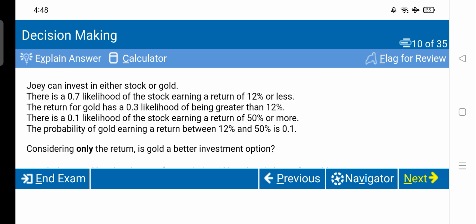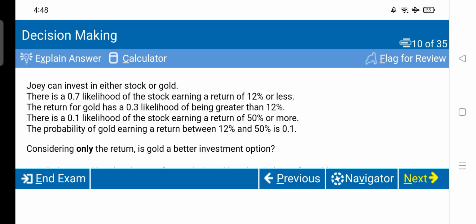Joy can invest in either stock or gold. There is a 0.7 likelihood of the stock earning a return of 12% or less. The return for gold has a 0.3 likelihood of being greater than 12%.